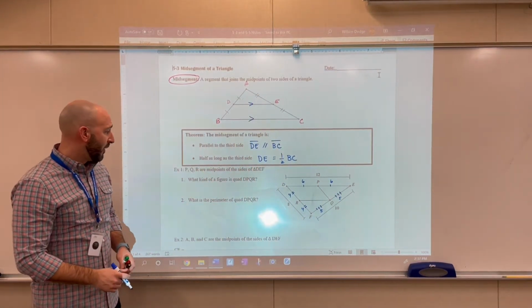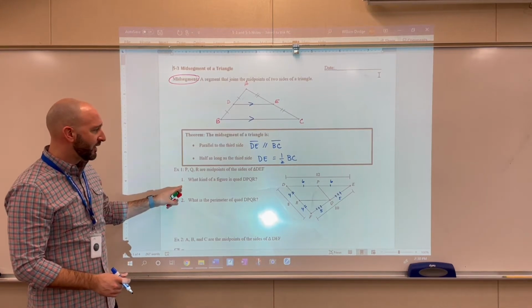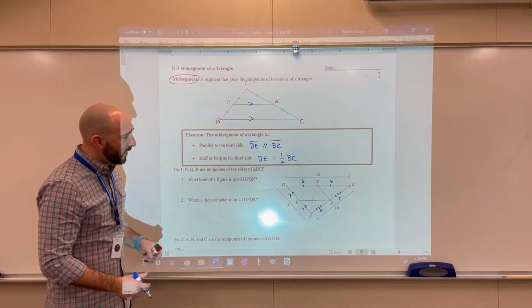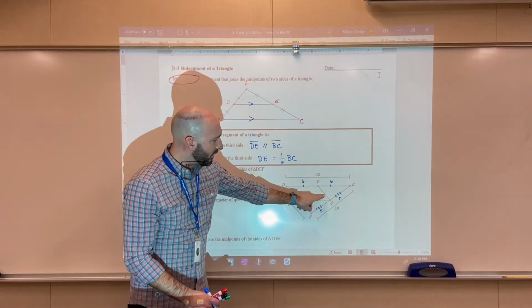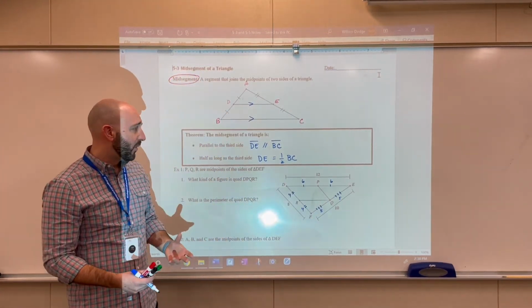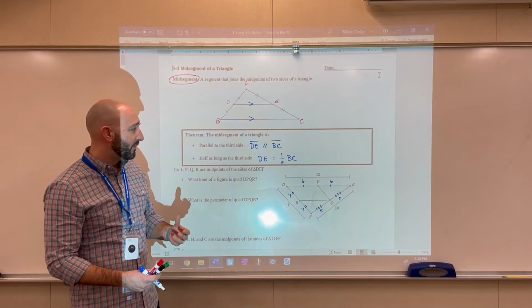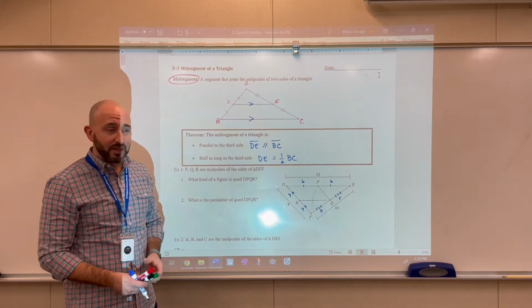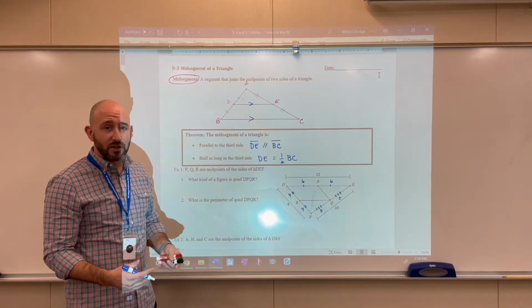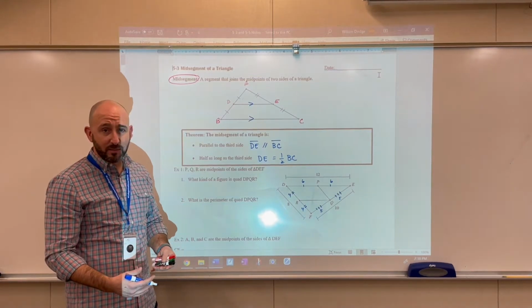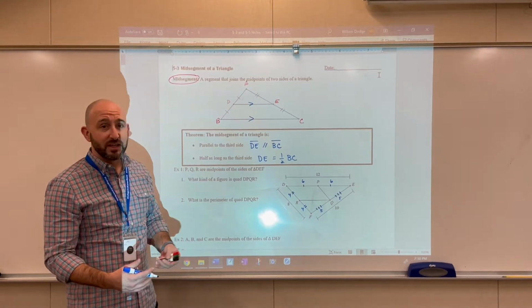All right, so the first thing we're trying to figure out here is what kind of quadrilateral is DPQR. Well, if you notice, PQ is connecting the midpoints of segments DE and FE, which means that PQ is one of the mid-segments of triangle DEF.